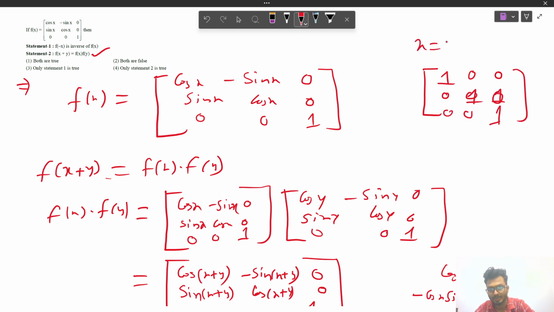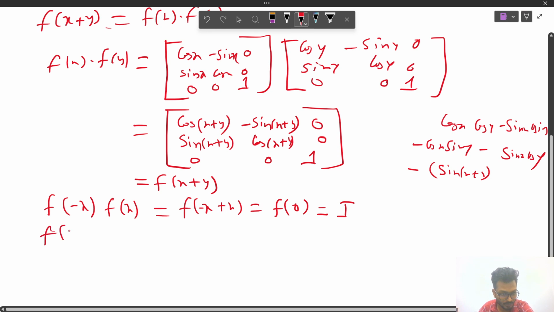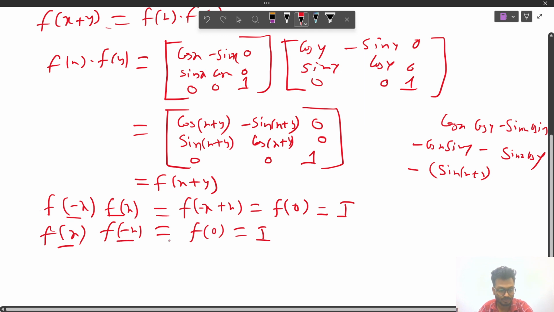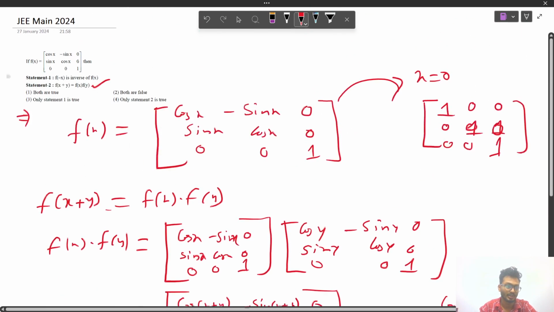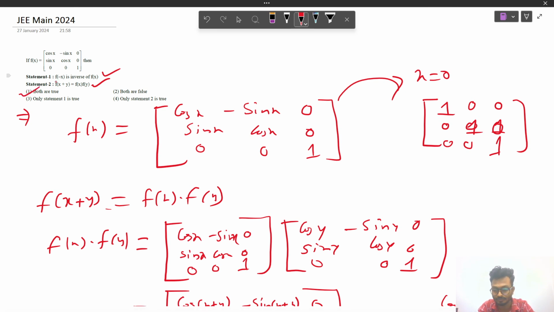So this is I. Similarly, f of x times f of minus x will also be f of 0, so this will also be I. So f of something into f of x, and f of something into f of minus x, is I. That means f of minus x is the inverse of f of x, right? So this statement is also correct, so both the statements are correct.